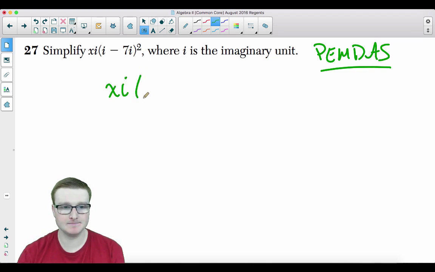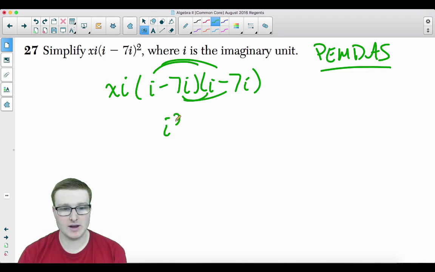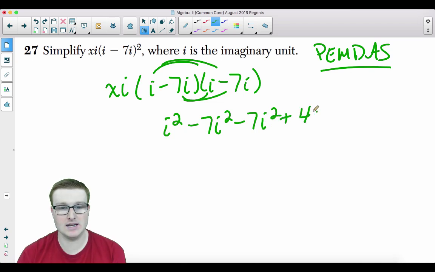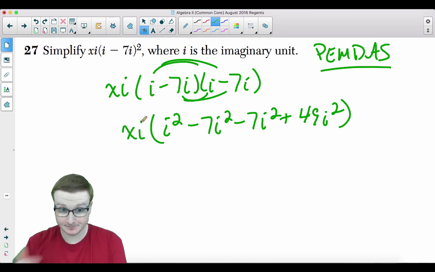So we get xi, in parentheses, i minus 7i, squared. FOIL it out. We get i squared minus 7i squared minus 7i squared plus 49i squared. And you're multiplying by xi in the front.